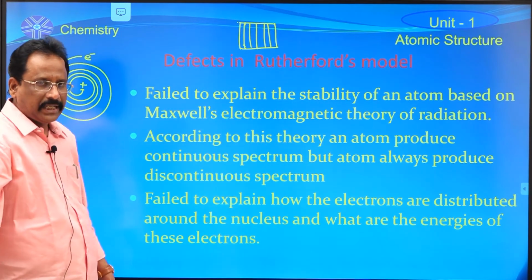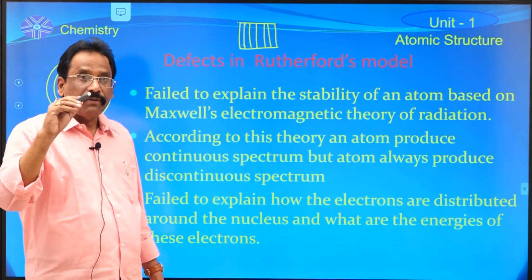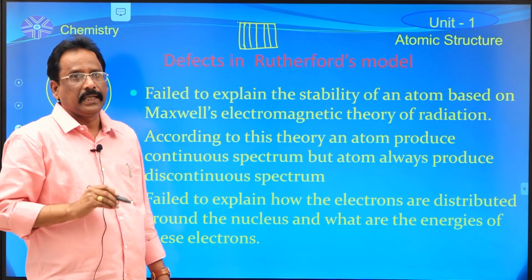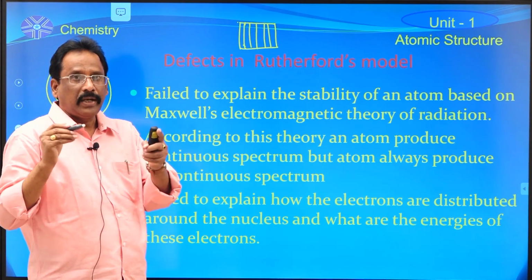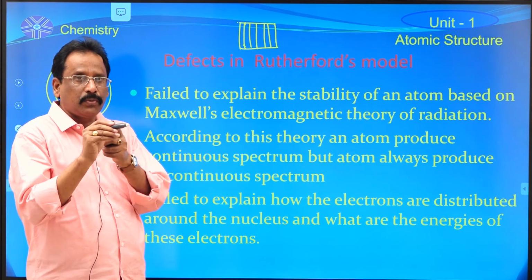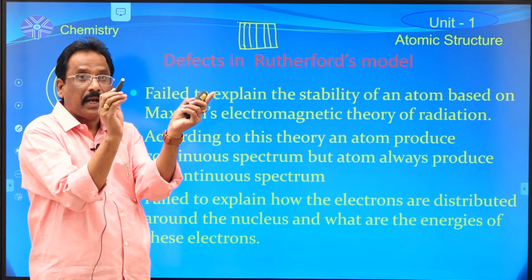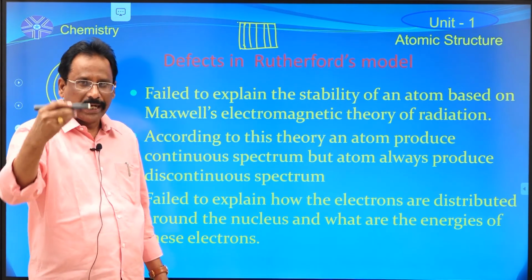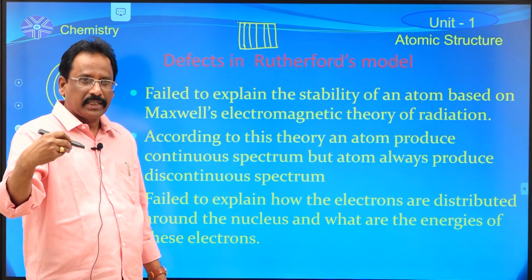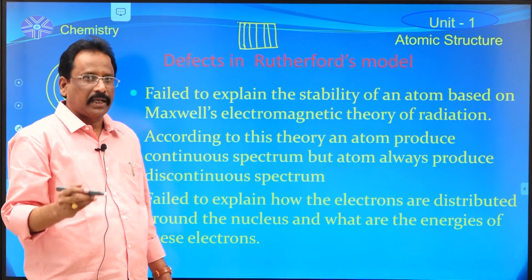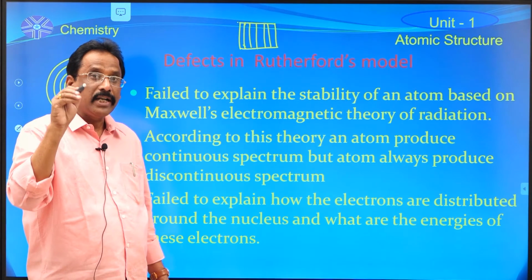White light is composed of 7 different colors. It is already known to you from the lower classes. So when white light is allowed to pass through a prism, it is dispersed into 7 continuous colors. There is no gap in between the violet, indigo, that means violet to red, VIBGYOR. That is an example of continuous spectra.